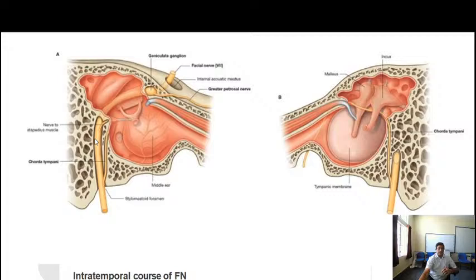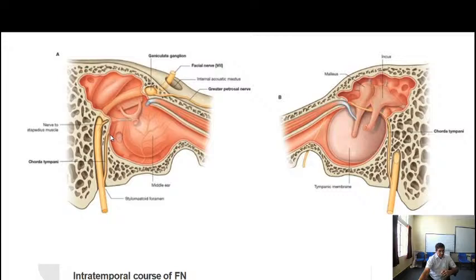When it is passing through the mastoid segment, it gives off branches. One is the nerve to the stapedius muscle. Then as it comes down, it gives off another branch called the chorda tympani.